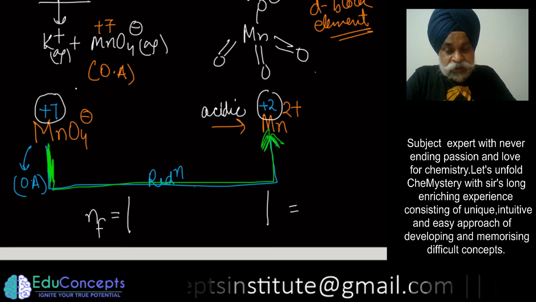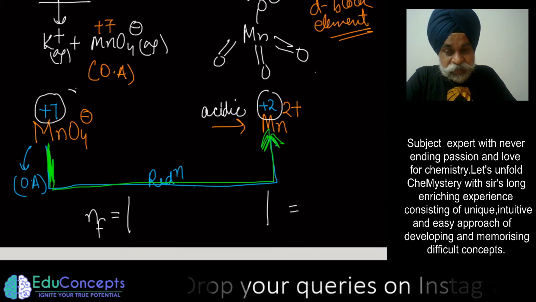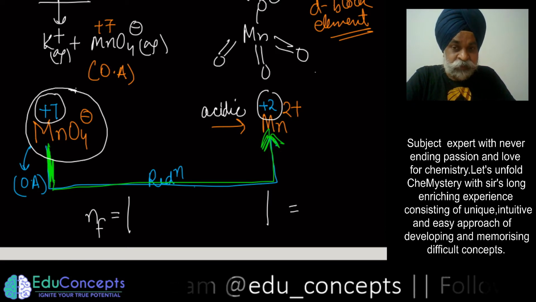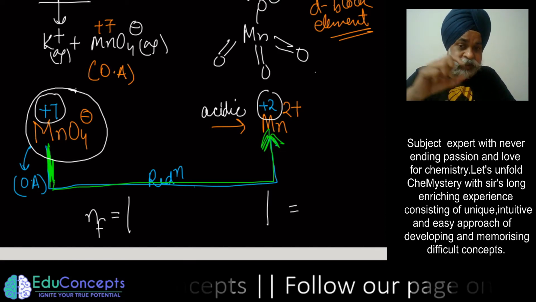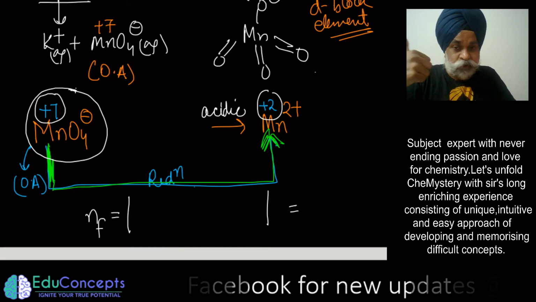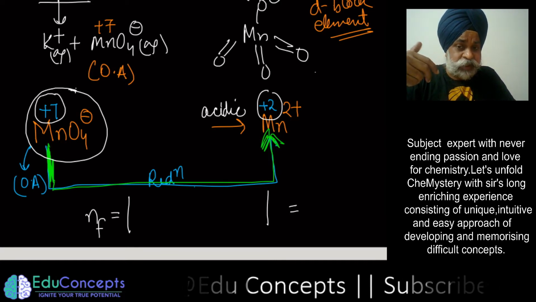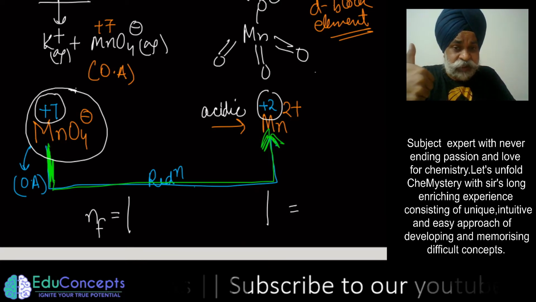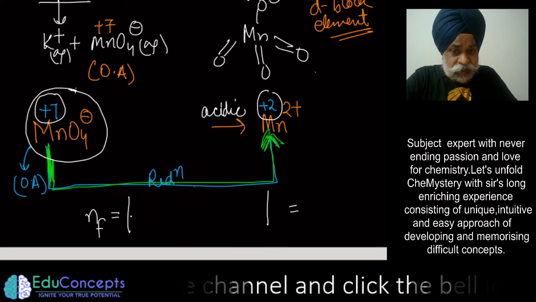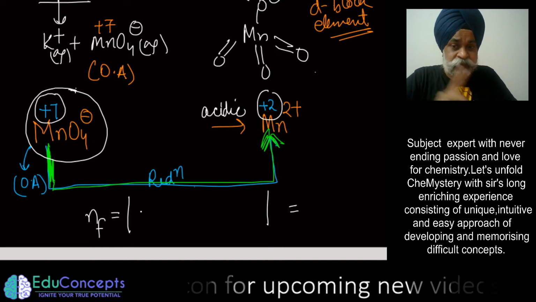Now what you have to identify is that this manganese is present in this ionic species. This ionic species is made up of 1 manganese and 4 oxygen atoms. So I would say 1 mole of permanganate has 1 mole of manganese ion. What is quite important to understand here is that 1 mole of permanganate consists of 1 manganese atom.